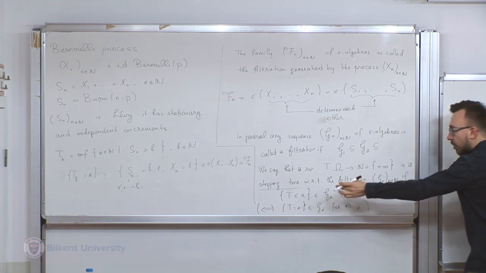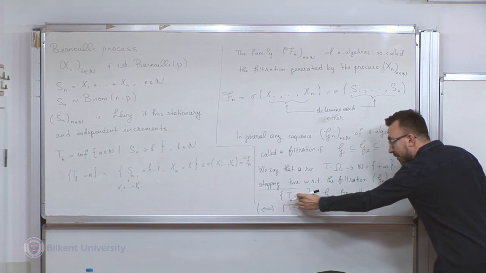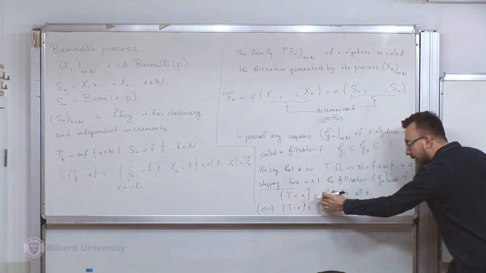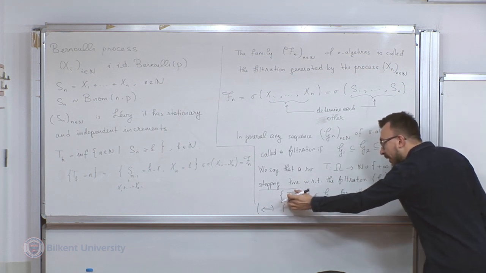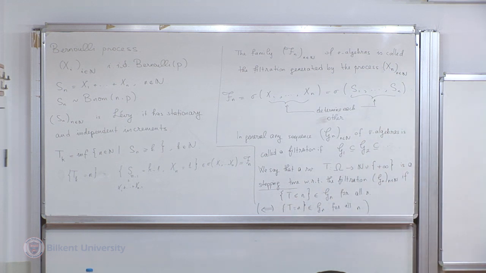So the event that you're going to hear it by time 3 is G3 measurable, whereas the event that you're going to hear it by time 4 is G4 measurable. So it's not just measurability with respect to a single sigma algebra, but with respect to a growing body of sigma algebras, namely a filtration.